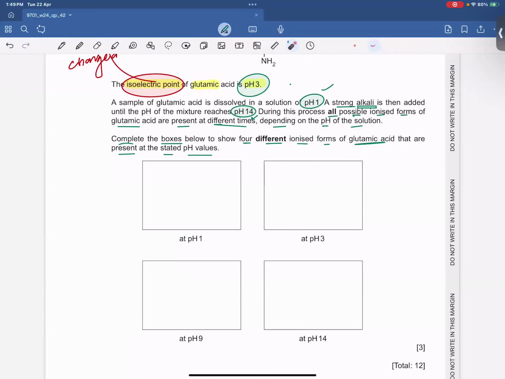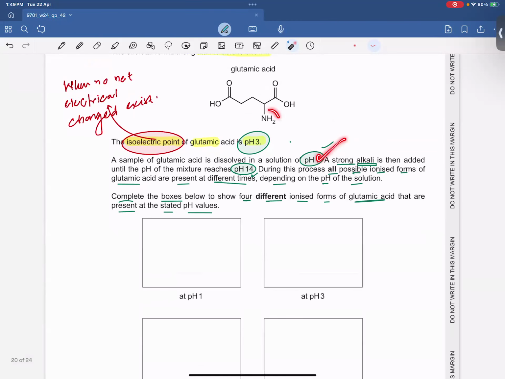At pH 1 the medium will be acidic, so this NH2 will accept a proton. That's the only thing I can expect. This is NH3 plus, Cl minus.